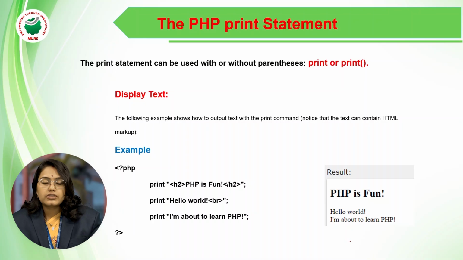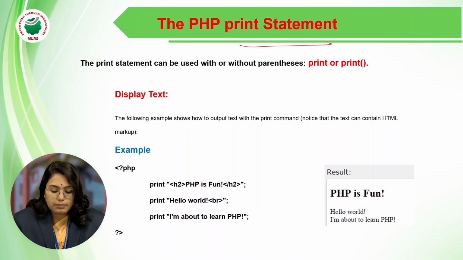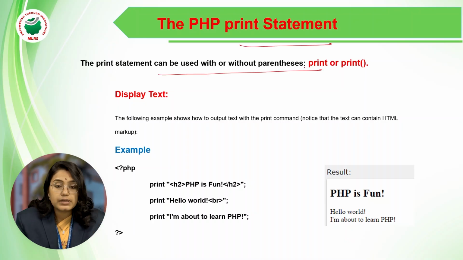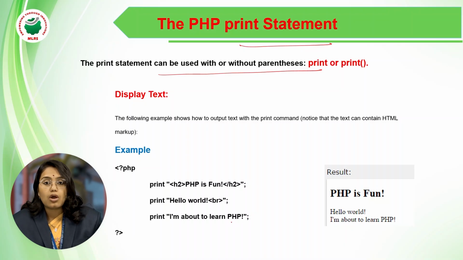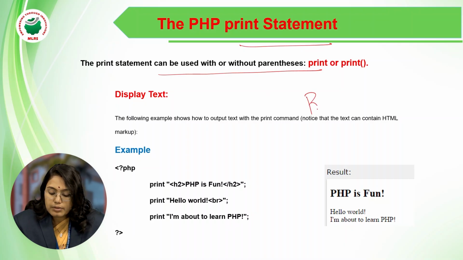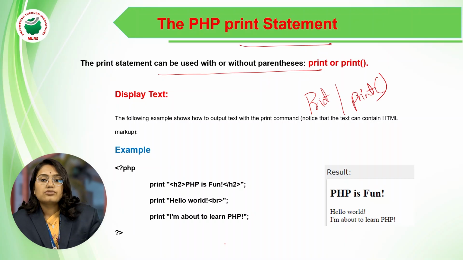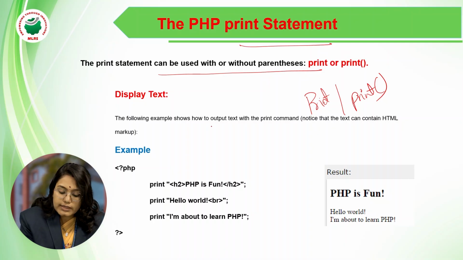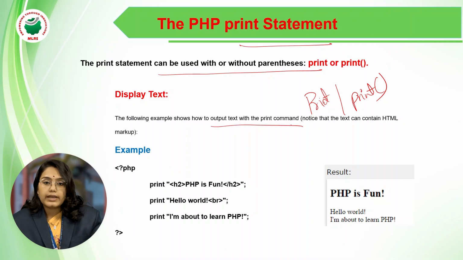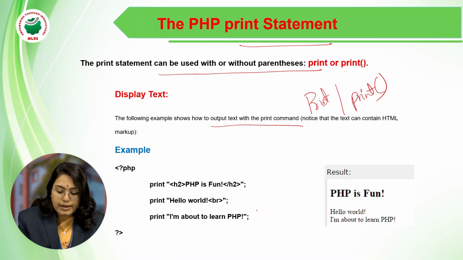Let's go to the print statement. The PHP print statement. PHP print statements can also be used with or without parentheses. That may be print or print with parentheses. And it is used to display text. The following examples show how to output text using the print command.